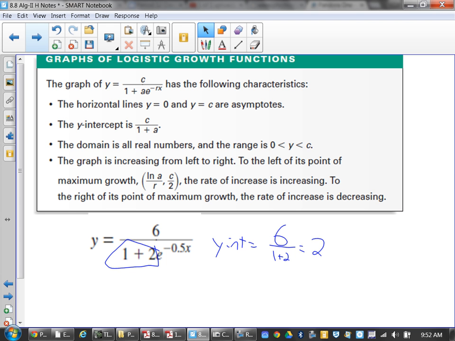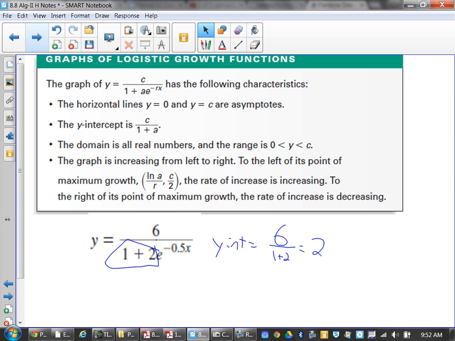Your rate in this case is 0.5, negative r, so it's the natural log of 2 divided by 0.5, which is 1.39, whatever that decimal is. And that's your x value.